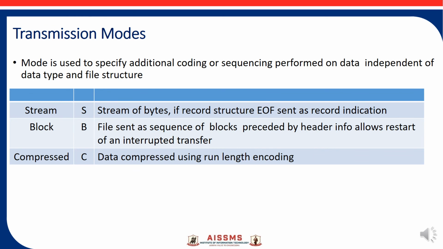If a record structure is used, it sends the record indication. Then the next one is block. In block, the file is sent as a sequence of blocks preceded by header information, which allows restart of an interrupted transfer. The third one is compressed. In compressed, data is compressed using run length encoding. So these are the transmission modes.